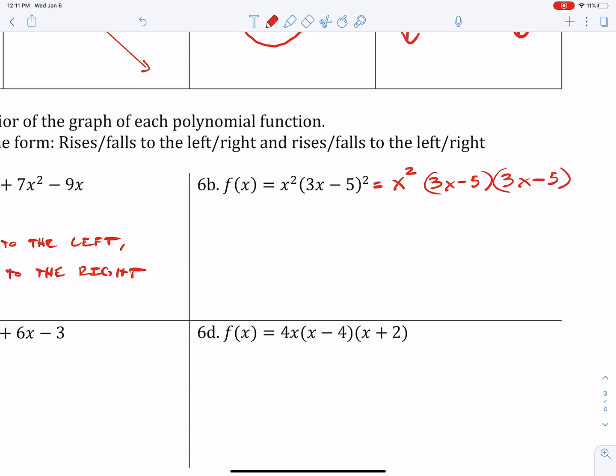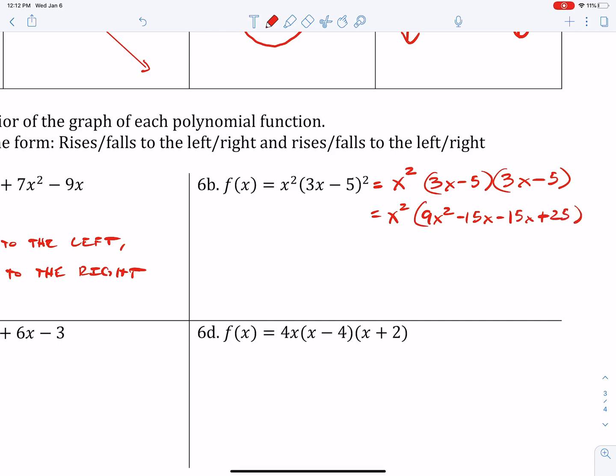Well, let's kind of break that out even more by foiling that whole thing. 3x times 3x is 9x squared. 3x times negative 5 is negative 15x. Negative 5 times 3x is negative 15x. And then negative 5 times negative 5 is a plus 25.